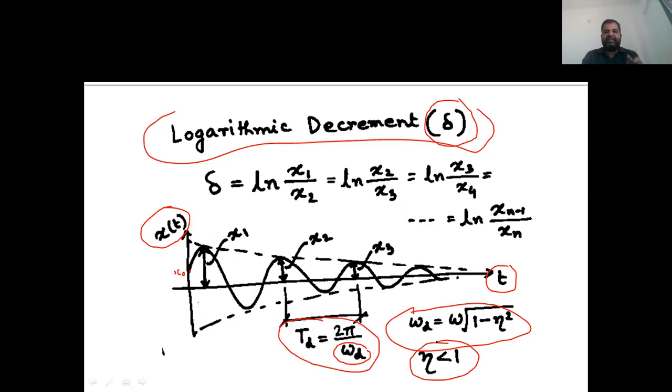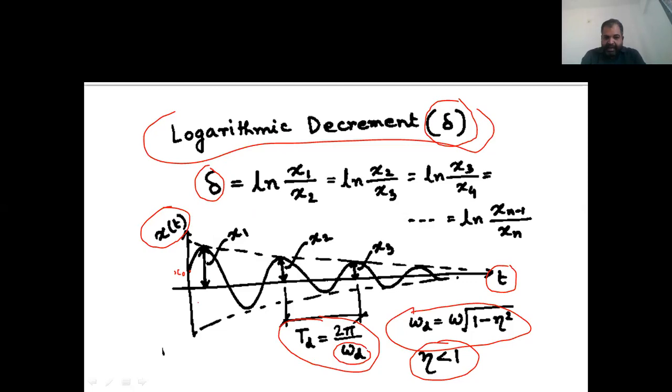Now let us understand here. This is very important, the delta, which is my logarithmic decrement, right? As per the previous definition, we found that it is the rate at which two successive amplitudes decrease.